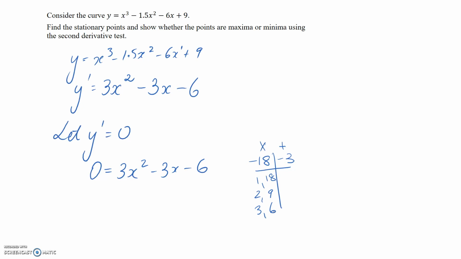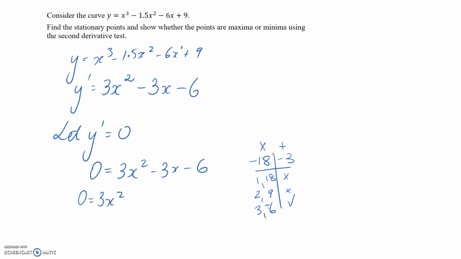I think that's all the options. So what we need is these to add to give negative 3. So I think looking through this, 3 and 6 is the one that we want to use, because if we have a positive 3 and we make this a negative 6, they're going to multiply to give negative 18, but 3 take 6 leaves us with negative 3. I don't think we can do that with either of the other two. So that's the one I'm going to pick.